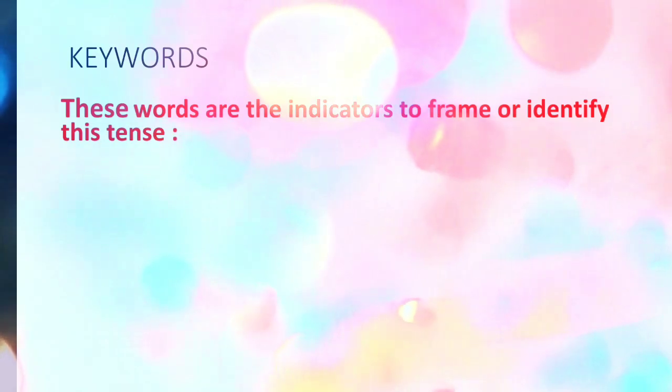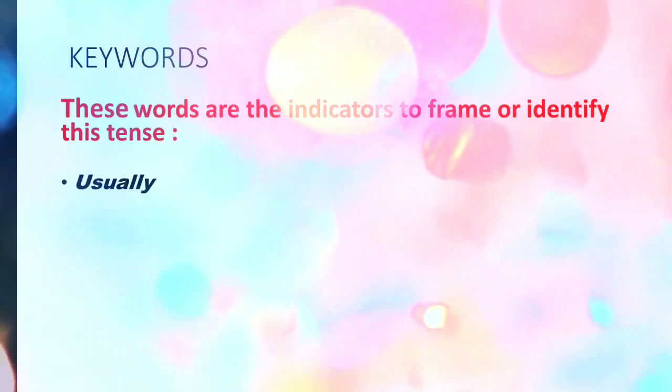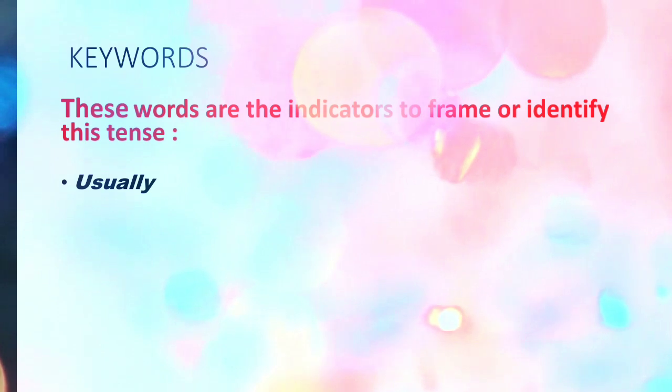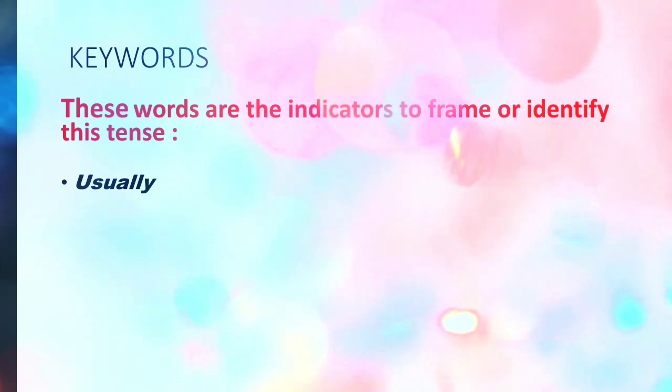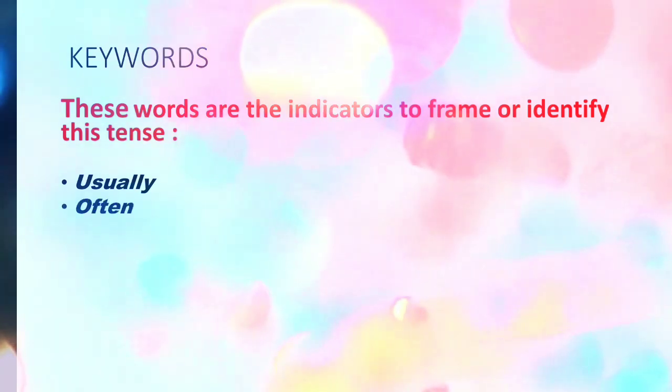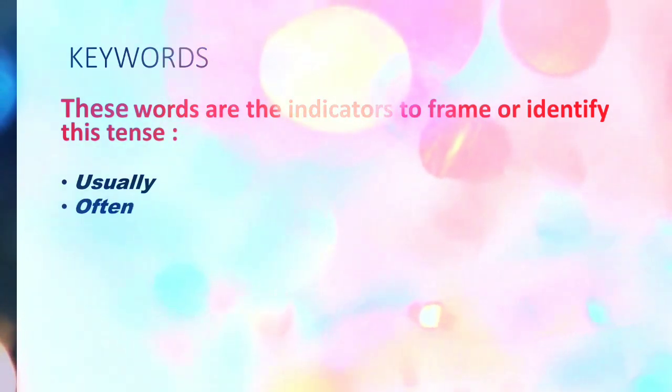Next, there are some keywords which provide the basic identification of this tense. In the last of this chapter, these are the keywords which are very beneficial to identify the tense. First one is usually. Usually means sadharan. Second is often, aksar.